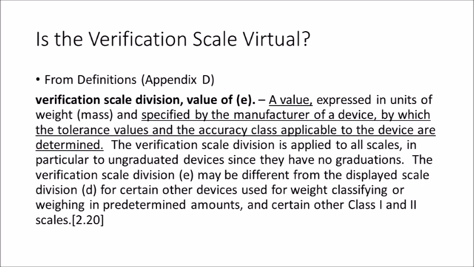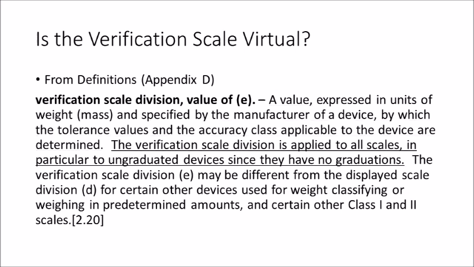Now look at the definition of the verification scale division: it is defined as a value specified by the manufacturer by which tolerance values and accuracy class applicable are determined. How does that have anything to do with the instrument display? It doesn't. Look further.